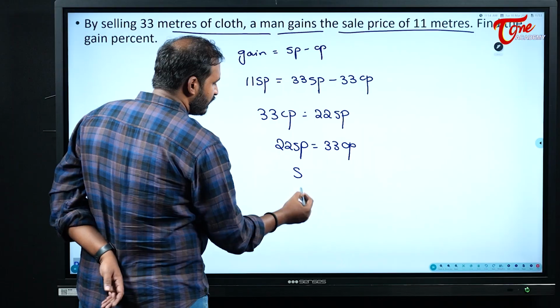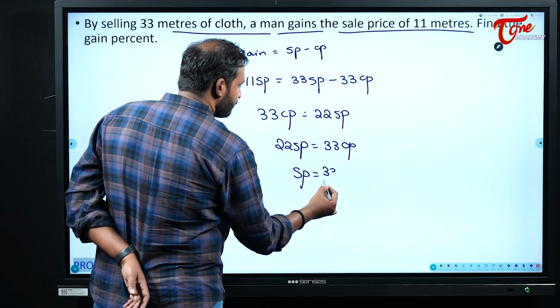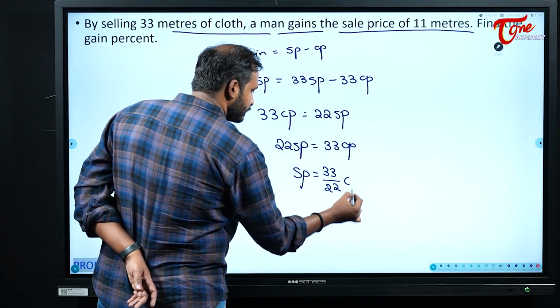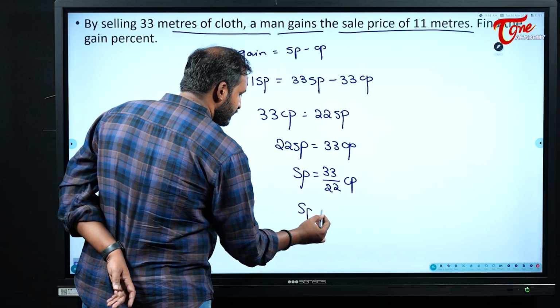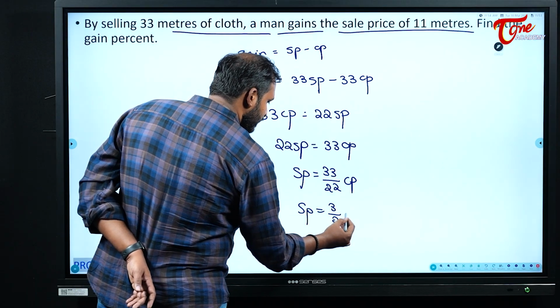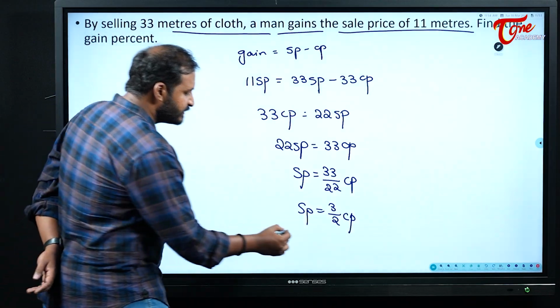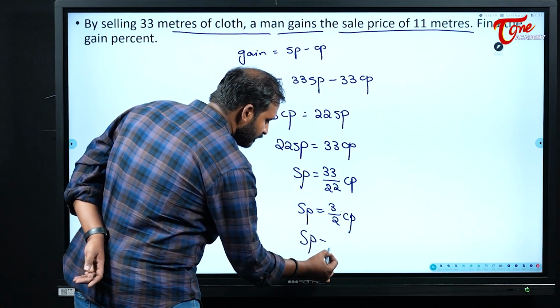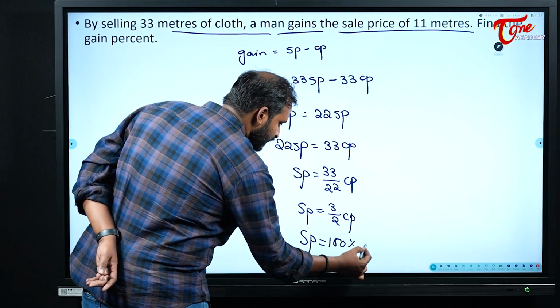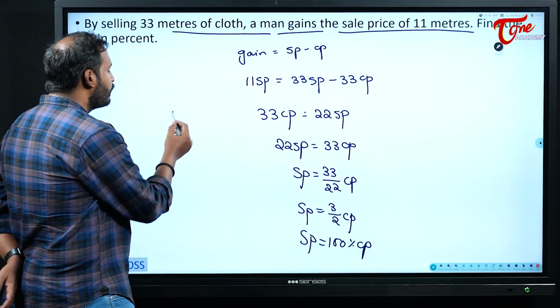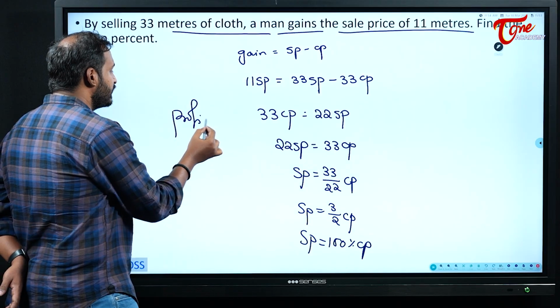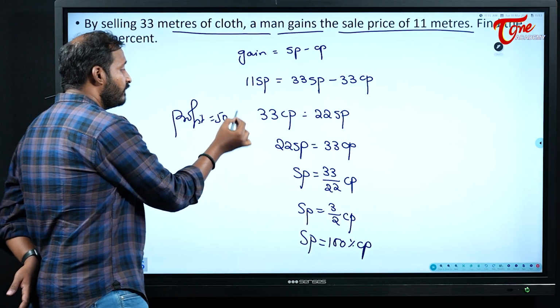So SP becomes 33 by 22 CP, so the SP value will become 3 by 2 CP. 3 by 2 means what? Just now we have solved, 150%. So SP is equal to 150% of CP. From that I can say that there is a profit of 50%.